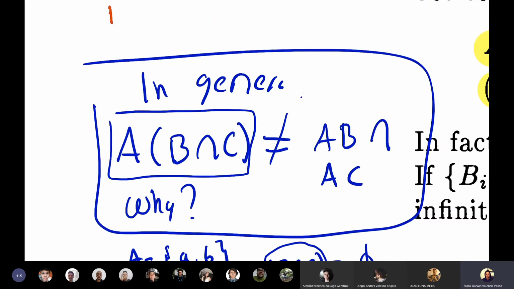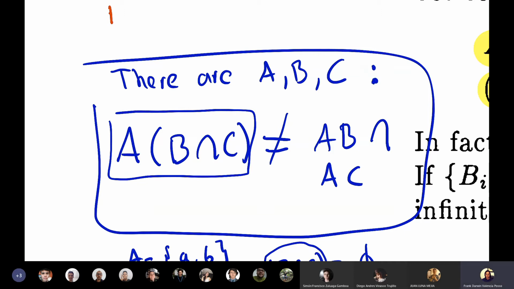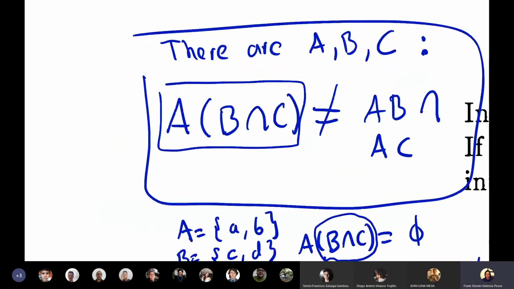In other words, when you say something in general is not the case, you say that there are A, B, and C such that this happens. Okay?